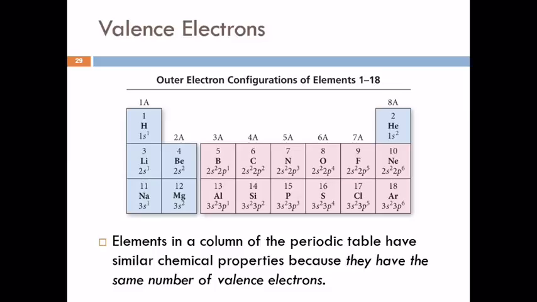All the electrons in that level are counted as valence electrons. So we've got 2 in the s sublevel and 5 in the p sublevel. 2 plus 5 is 7. Chlorine also has 7 valence electrons, but its valence electrons are in the third level, not the second level. But fluorine and chlorine have very similar properties because they have the same number of valence electrons.